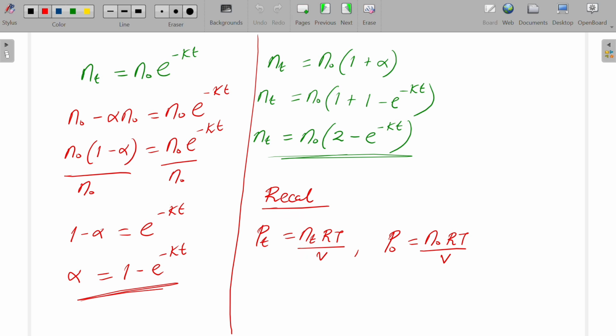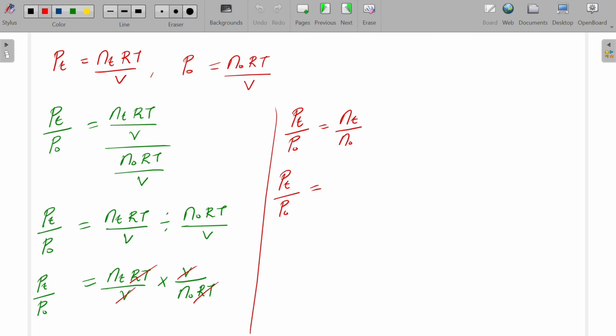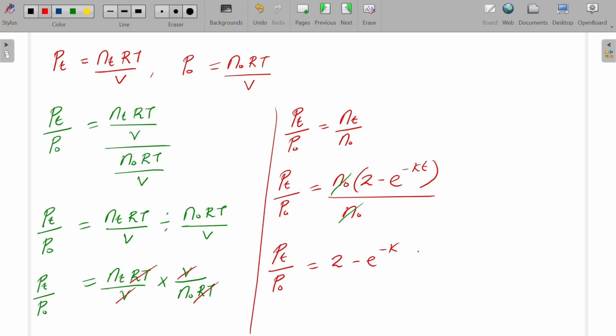On this stage, we're going to replace our NT by N initial times 2 minus e to the minus kt, and down here, we still have our N initial. So this will give us PT over P initial equal to, on the other side, those two will cancel, and what will remain is just 2 minus e to the minus kt. So that's what we are going to have at that stage.